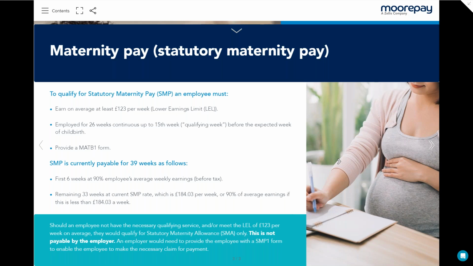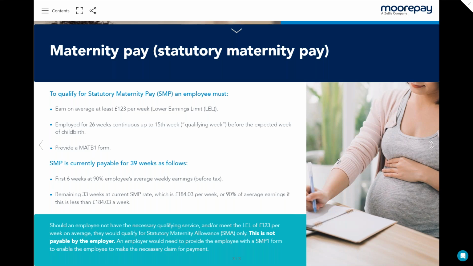If you remember, we talked about getting to the qualifying week and looking at the 8 weeks before that, or the 2 months pay if you're monthly paid, as long as it's roughly the 8 weeks before that. That gives us the average weekly earnings in that time. If they've got any overtime, any bonuses, it's taken from the gross pay, and that would all be included in this 90%. So you get 6 weeks at 90% of the average weekly earnings, before tax.